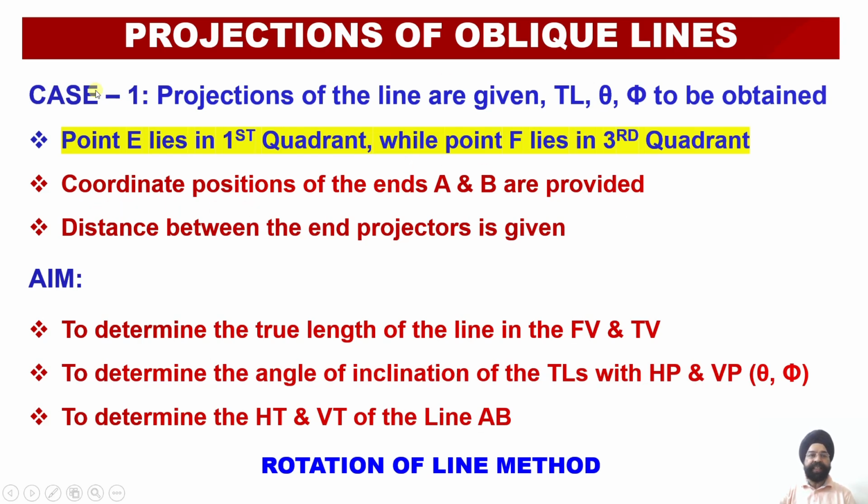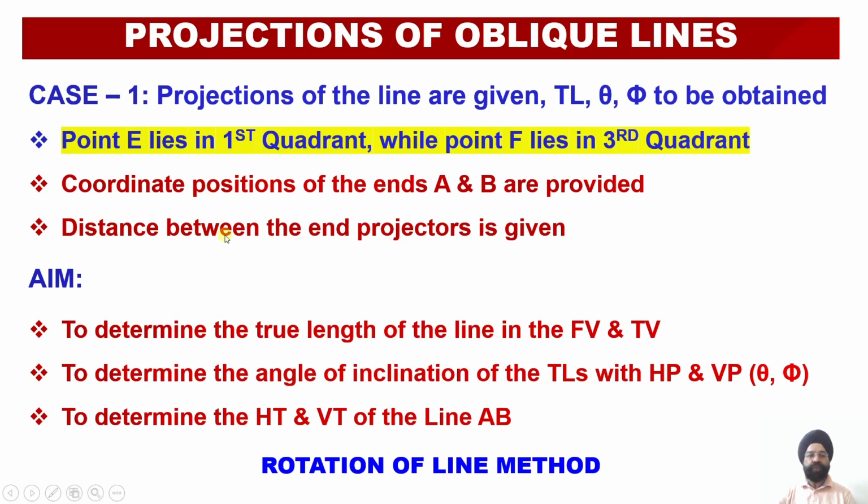So once again, since it is case 1, the coordinate positions or locations of the ends A and B, or E and F, will be provided. First and second point will be provided, and the distances between the end projectors will also be provided.